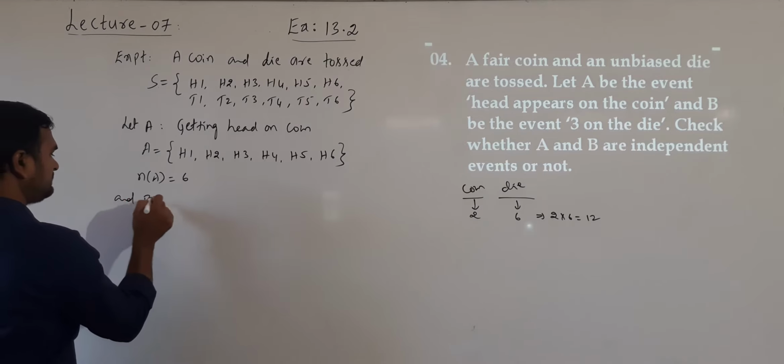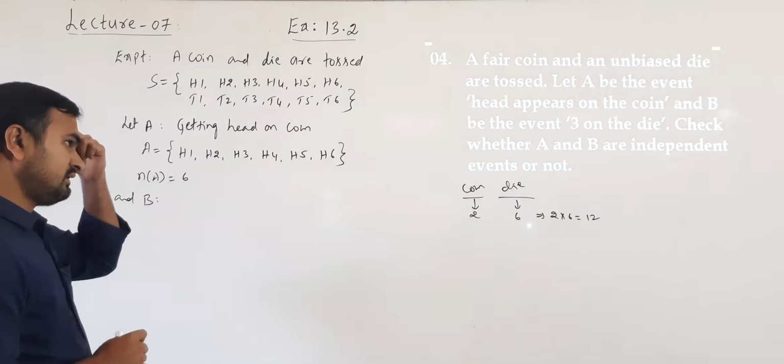B is the event getting 3 on the die. Whatever be the result on coin, we are interested in getting 3 on the die. So getting 3 on the die means we can take H3 and T3. So N of B is 2 elements.